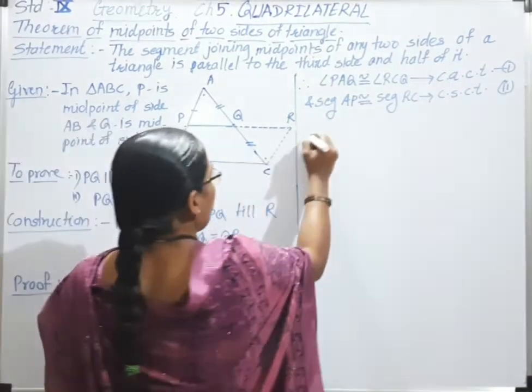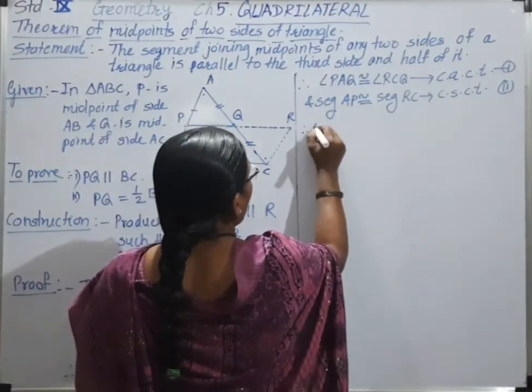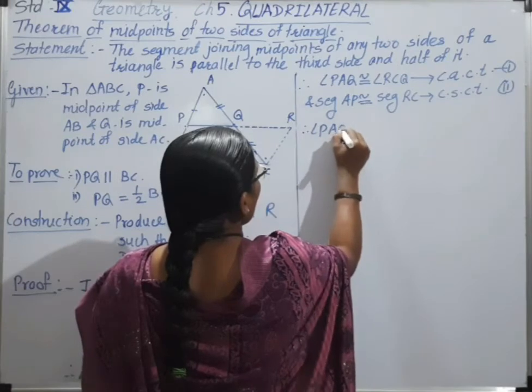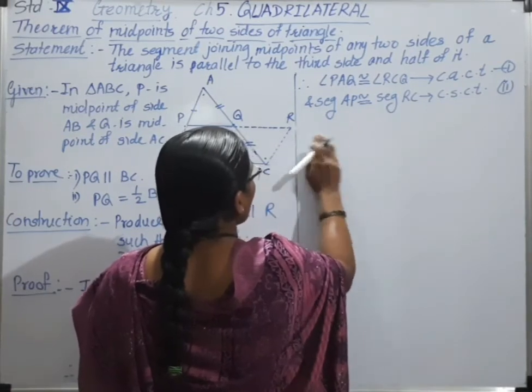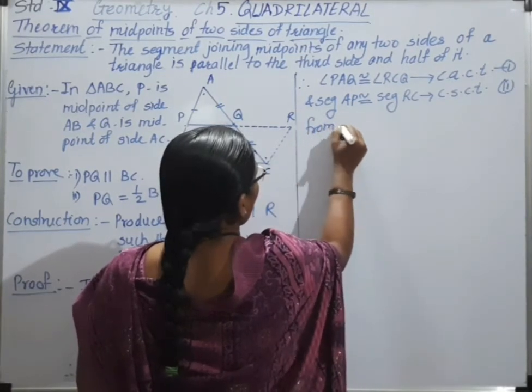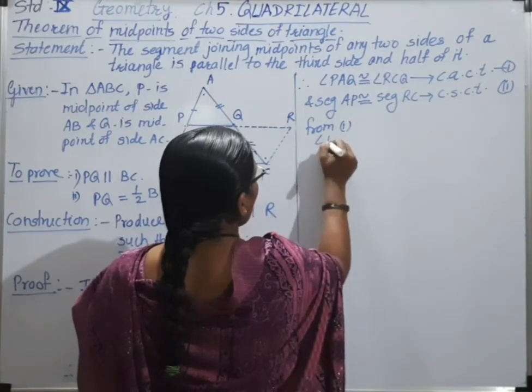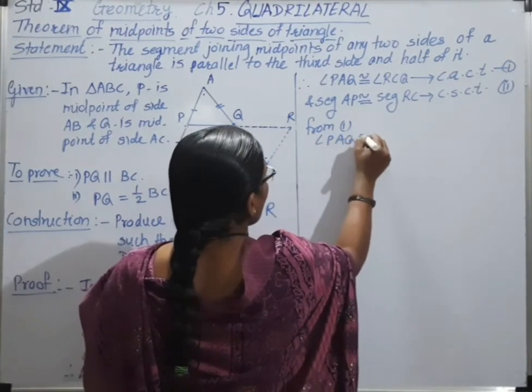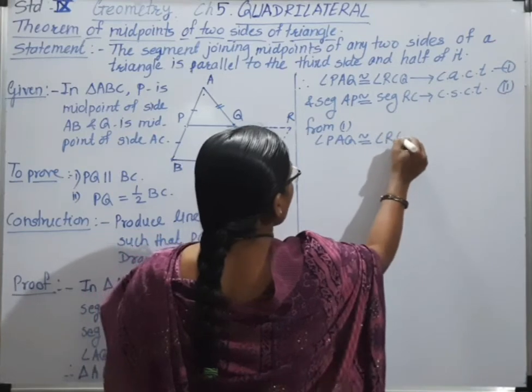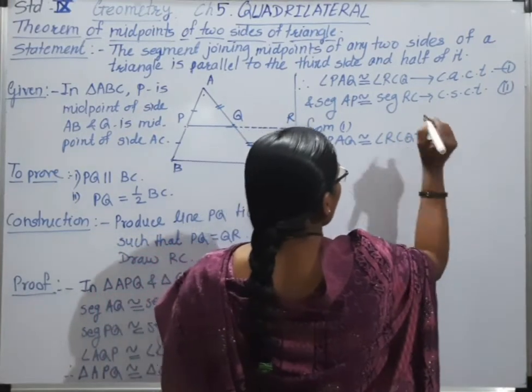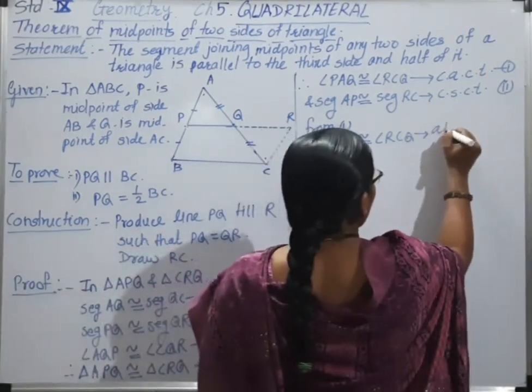So we can write here, therefore angle PAQ from 1, we can write angle PAQ is congruent to angle RCQ, and result alternate angle test.